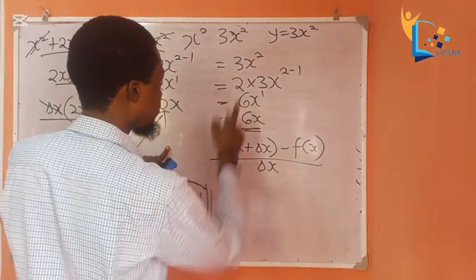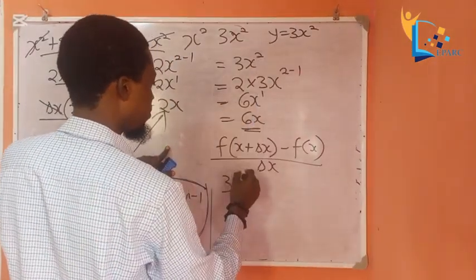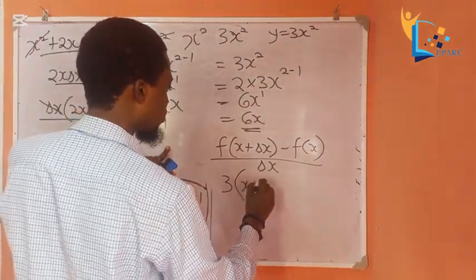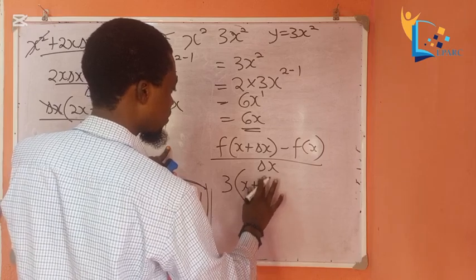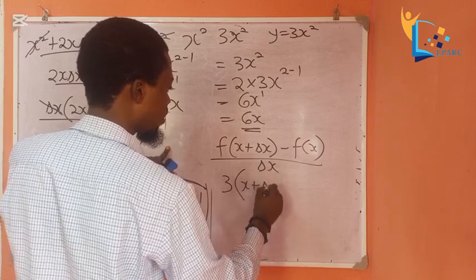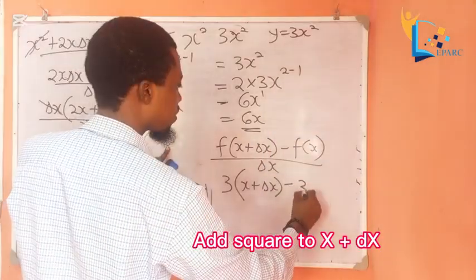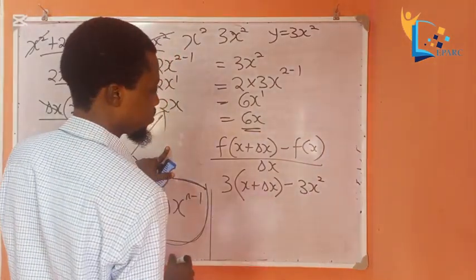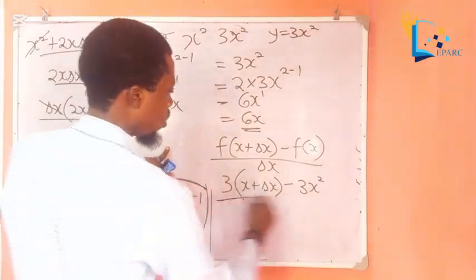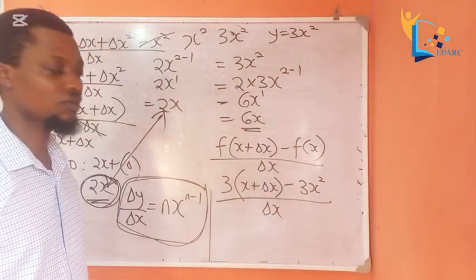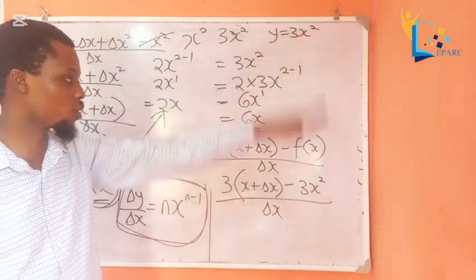So you will have 3 times the function of x, which is (x plus delta x) squared, minus 3x squared, all over delta x. Then you solve. This is how you solve for 3x squared using the first principle.